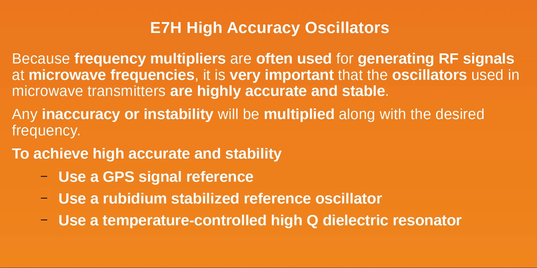I guess you use frequency multipliers both in FM transmitters, because you normally do the modulation at a lower frequency and then multiply it up. And I guess at some of the UHF and above, you also have to use multipliers.